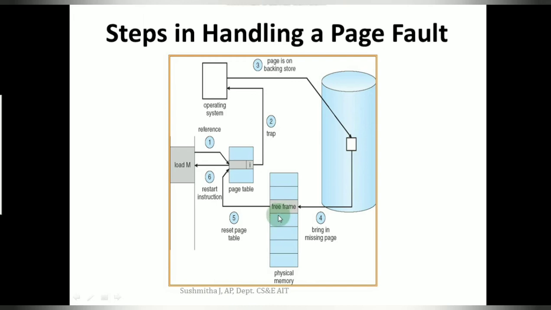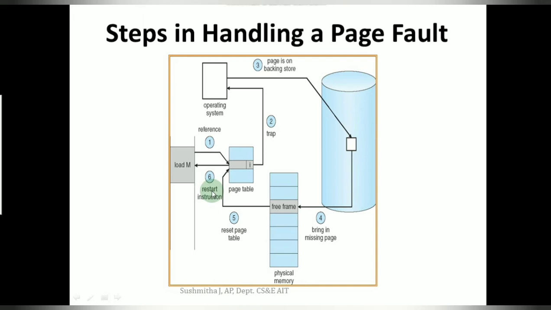After the page is loaded to the main memory, changes should be made to the page table by setting its reference in the page table and also changing the invalid bit to valid. And then finally the instruction can start its execution, or if there is data, then the data can start its usage. So this is how a page fault is handled.